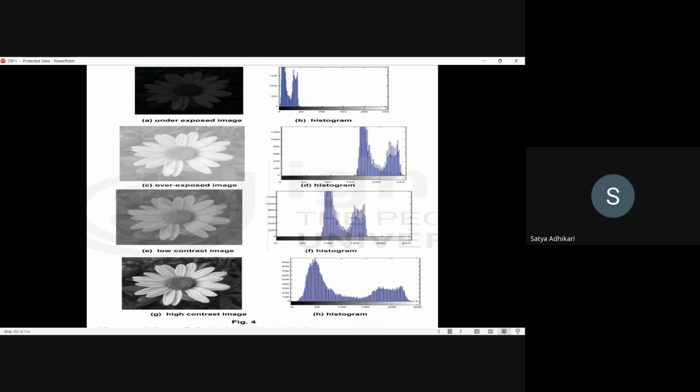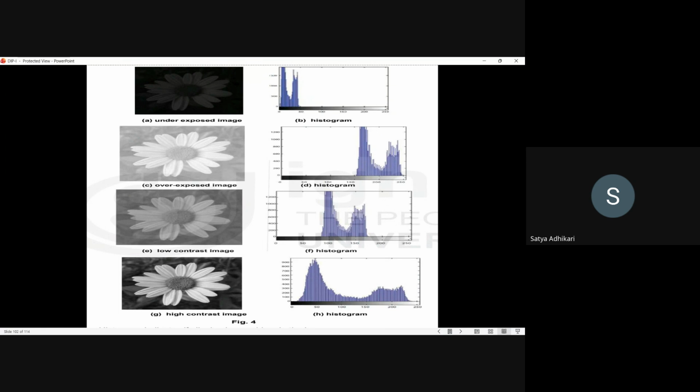It is distributed non-uniformly, and you will get the best quality image, a high contrast image. So out of the four images, underexposed, overexposed, low contrast, and high contrast, from the bar graph you will get an idea which type of image you have. The histogram gives us this idea from an image.